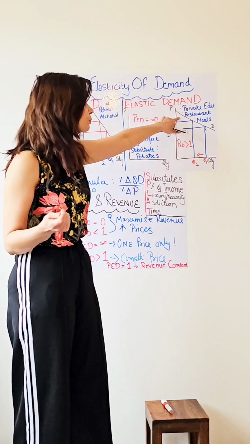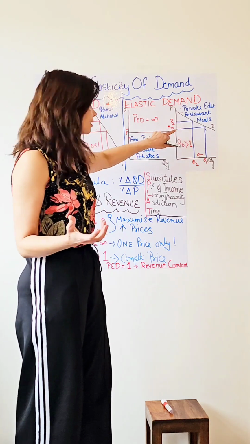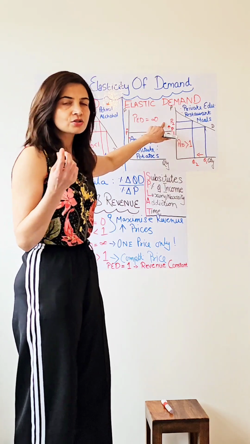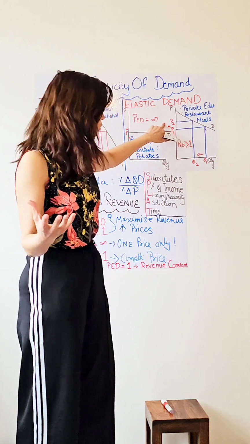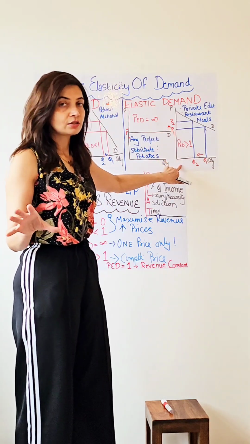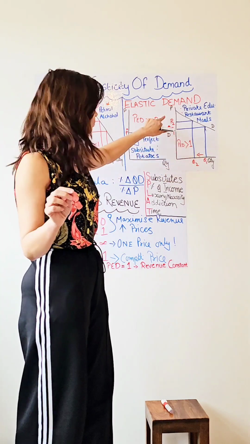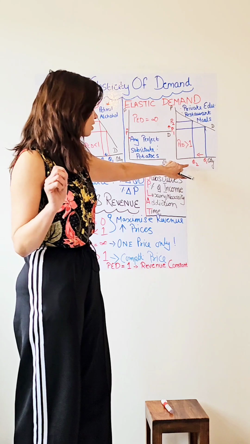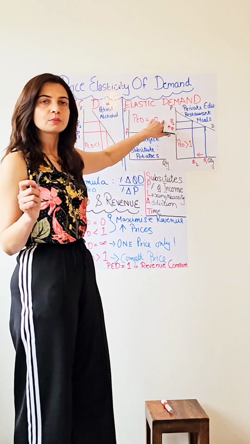For example, it could be private education, it could be the restaurant meals. In this case, any change in the price is going to bring about a bigger and a greater change in the quantity that is being demanded in the market. So you can see from here, when the price changes from P1 to P2, the change, the contraction of quantity demanded is greater than the change in the price.